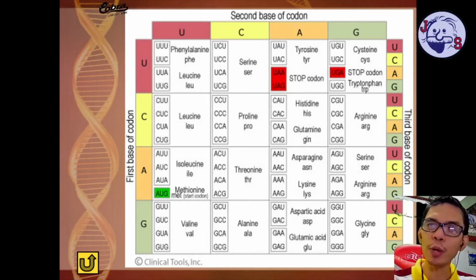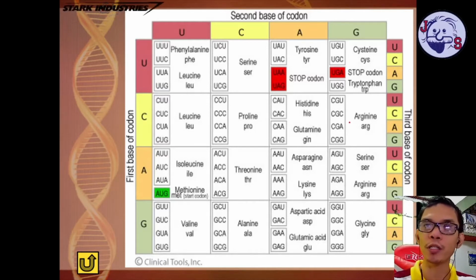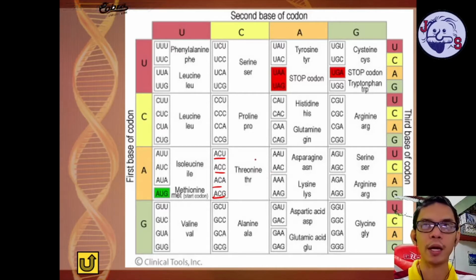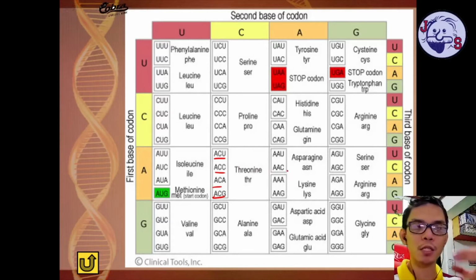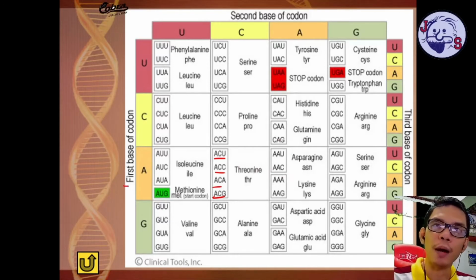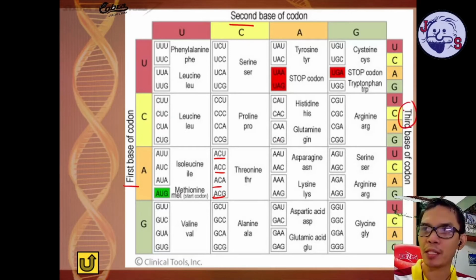Those 20 amino acids are produced using certain codons, as you can see here. The codons represent the amino acid that they are translated to. In this codon chart you have the first base, the second base, and the third base over here.